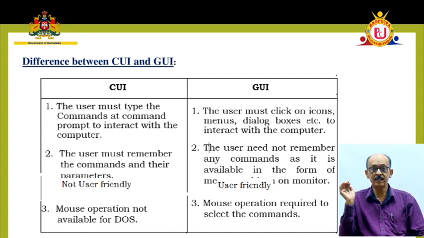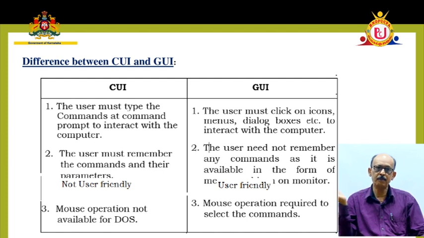The character user interface is not WYSIWYG, but the graphical user interface is WYSIWYG: what you see is what you get. In the character user interface, suppose you have added some special effects to the text.